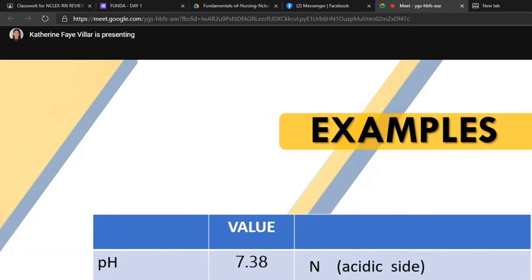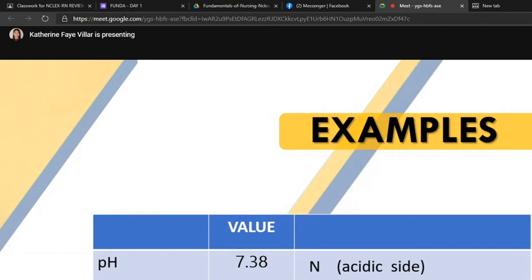Ma-explain mo na ba? O dadagdagan pa namin? Oh, sige. So, the answer is, tama ka naman kuya. Metabolic acidosis.